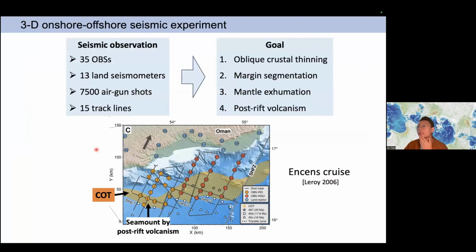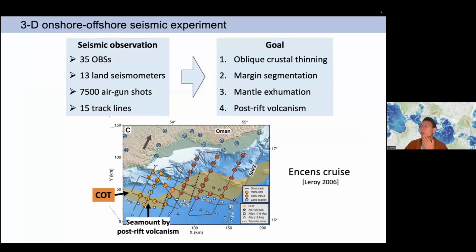So my target here is to do a 3D seismic tomography. The data was collected early, in 2006, during the Unsung cruise. There are 35 OBS and 13 land stations in blue, and 75 air gun shots along 15 lines.